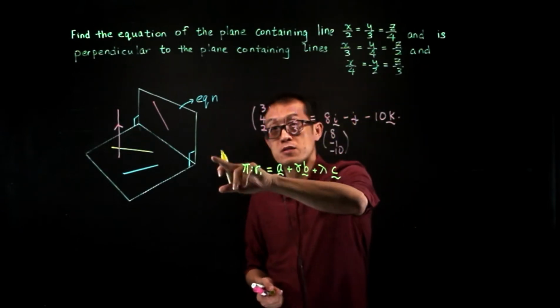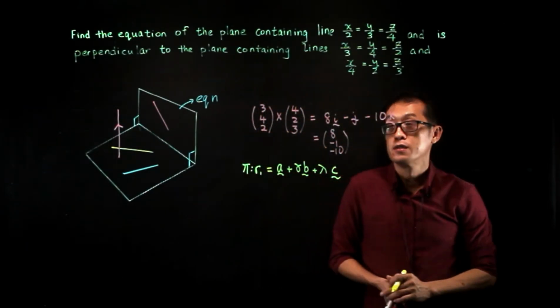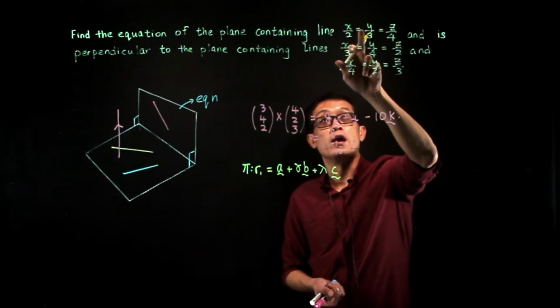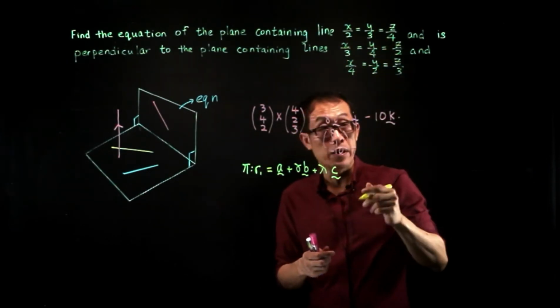Now, this plane passes through 0, 0, 0. Now, how do I know? You look at this equation. From the look, you know that it passed through 0, 0, 0. Why?